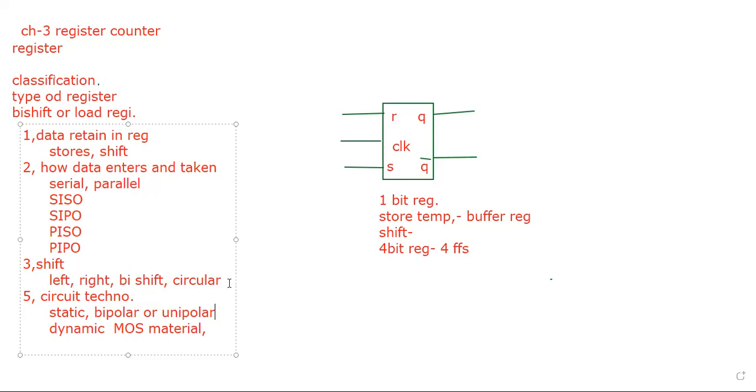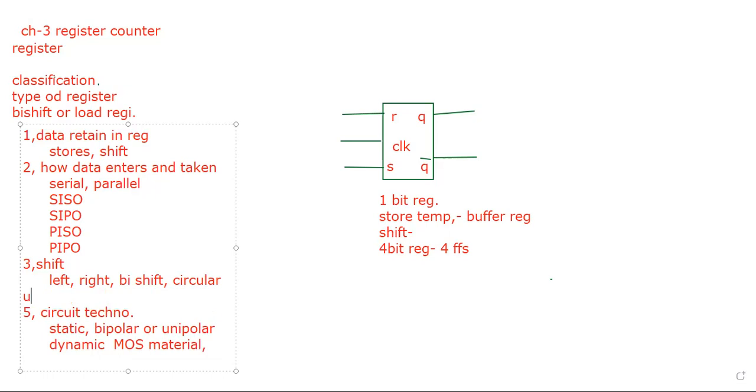And yes, there is one more term, universal shift. It is a type of register where all moves, circular, right, left shift, are allowed, and it is known as a universal shift. Or circulating shift, where the last data would be entered into the first register. Okay, so this is the classification of registers.